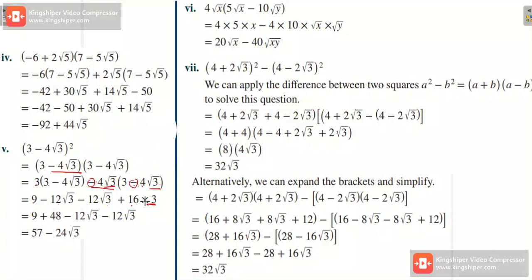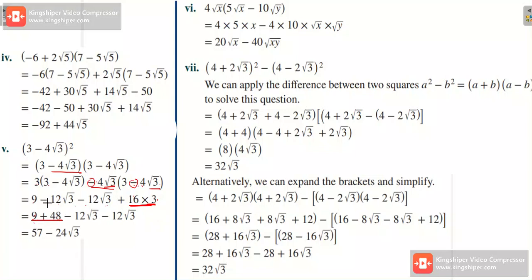Then from here, we can still simplify. So we have 9, negative 12 root 3, and we also have negative 12 root 3. Let's take it this way, we have 9, which is a rational number. 16 times 3 is 48. So we can add it to the 9 to get 9 plus 48.